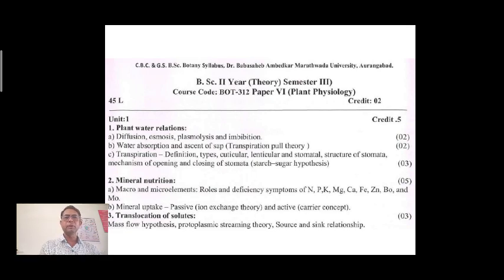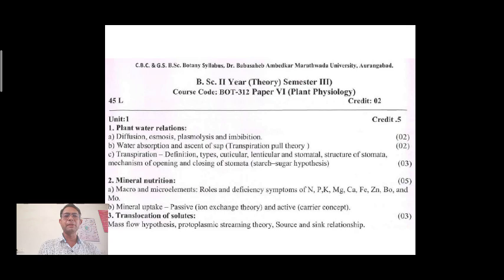Now moving to the syllabus of the second year, second semester. Unit number 1 includes plant water relation, then mineral nutrition, and the third part, translocation of solutes. Plant water relation includes diffusion, osmosis, plasmolysis, imbibition.